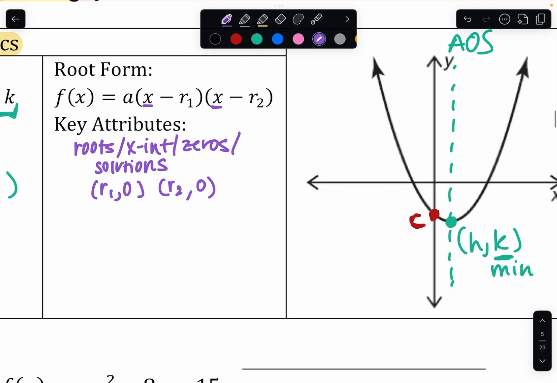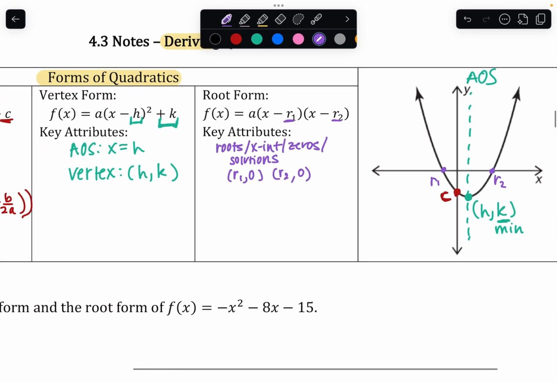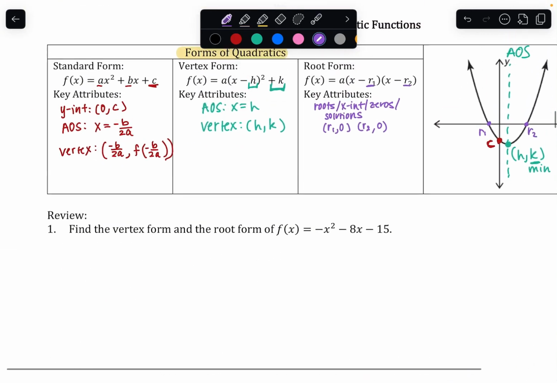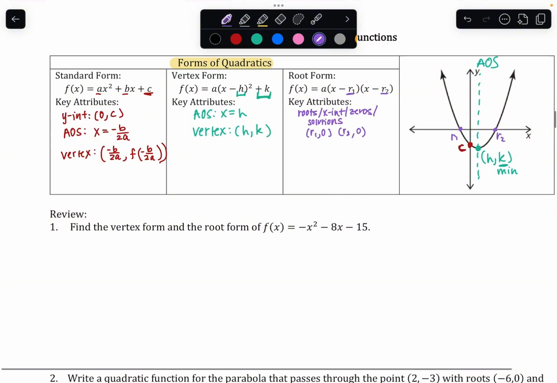Looking at our graph, you can identify your roots just by taking the opposite of what's with x. You have R1, R2, in either order, it doesn't matter. Depending on what information you're given, that determines which form you start with.